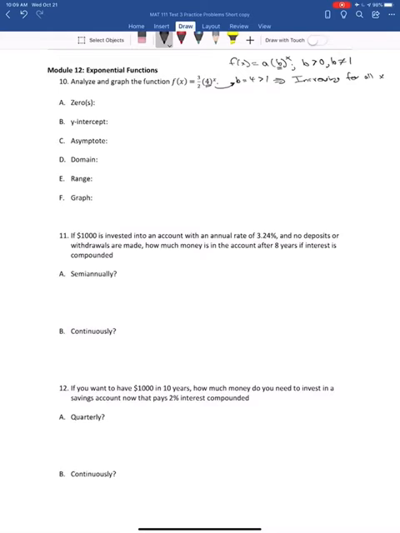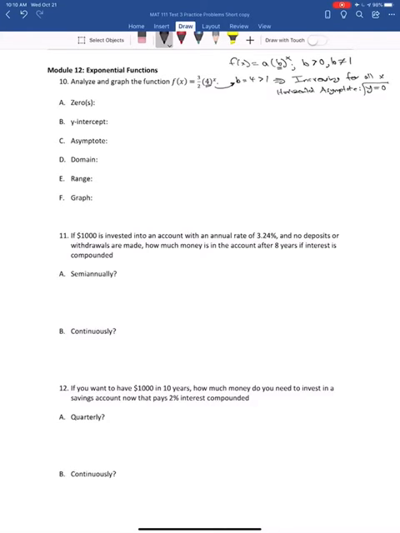We've got our increasing function. We have a horizontal asymptote at the x-axis. So this has a horizontal asymptote, which means it'll flatten out and approach the line y equals 0.